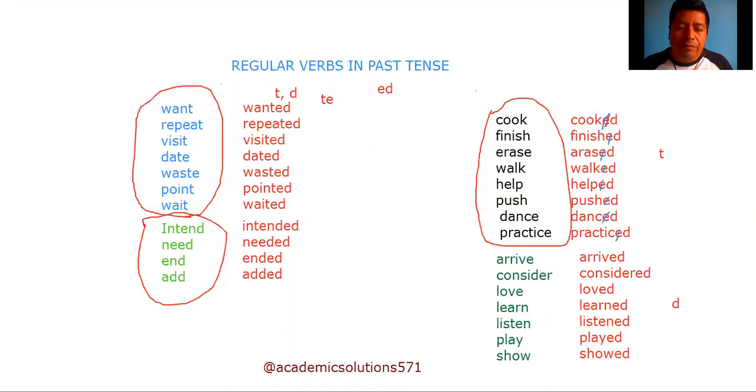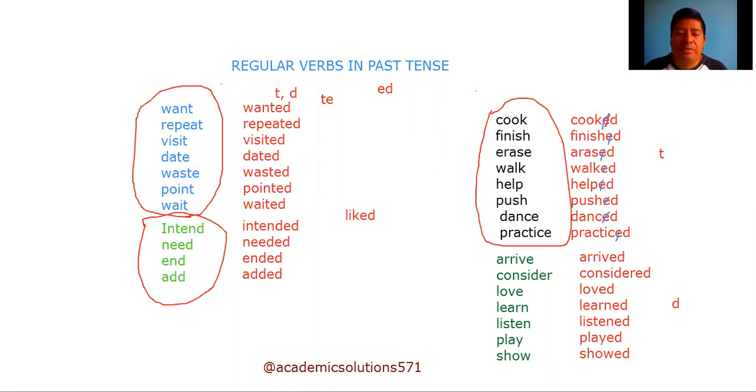So let's say we're going to use the verb like, for example, like. Because the verb, when it's in the past, will be liked, liked, as these ones in this group over here, you see?